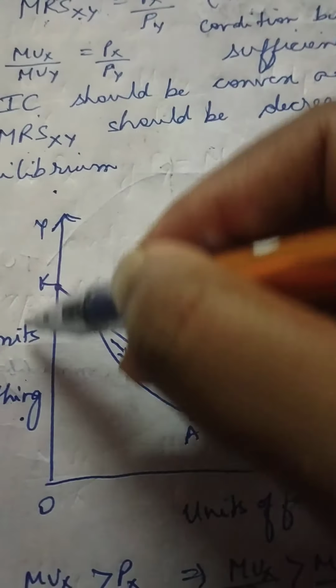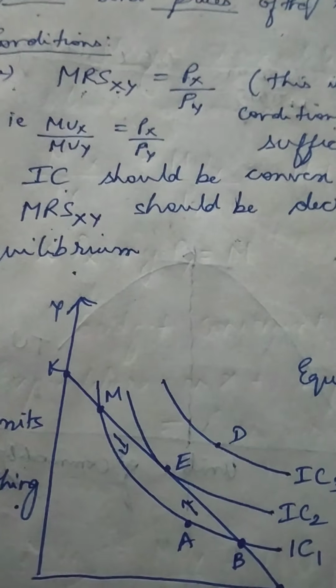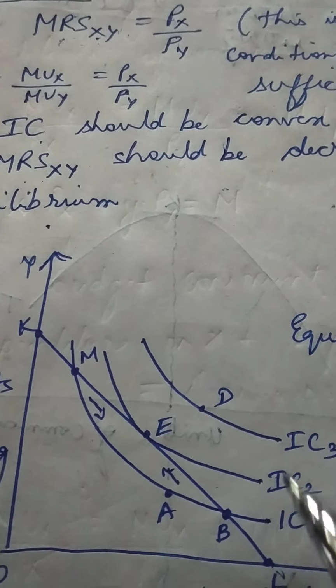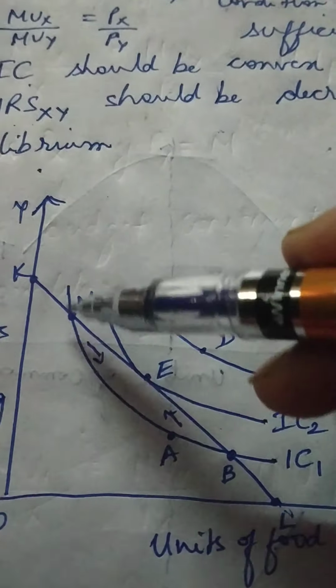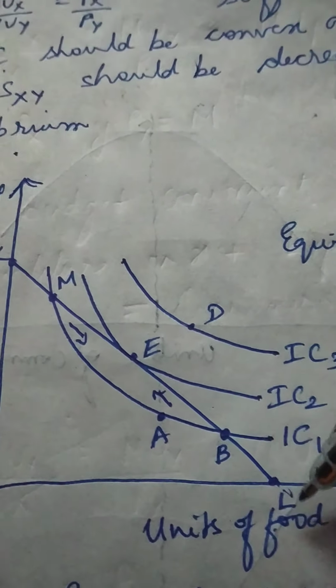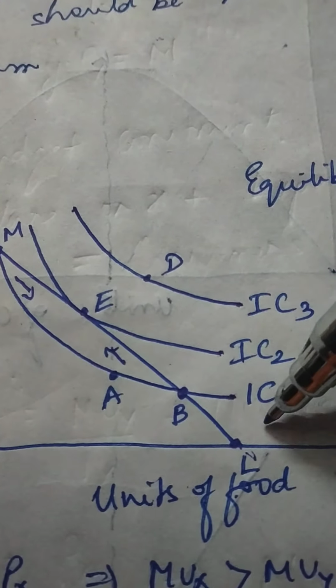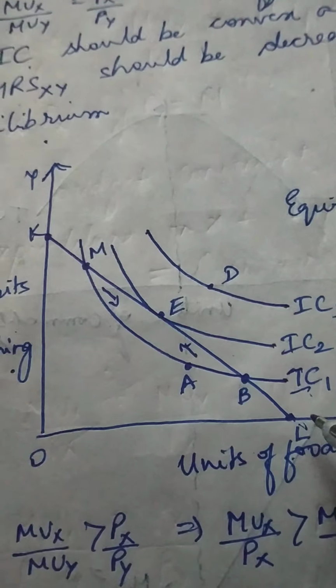Now you can see this consumer's equilibrium using indifference curve analysis is a combination of the indifference map and the budget line. We have drawn three indifference curves, meaning this is the indifference map, and we have taken a budget line KL. Now see, there are three indifference curves, IC1, IC2 and IC3.